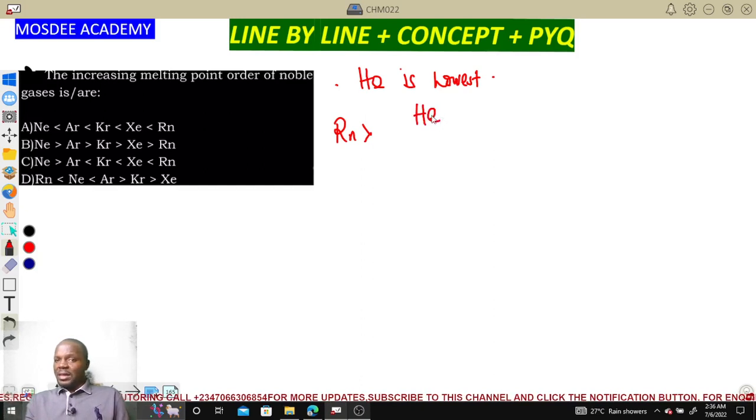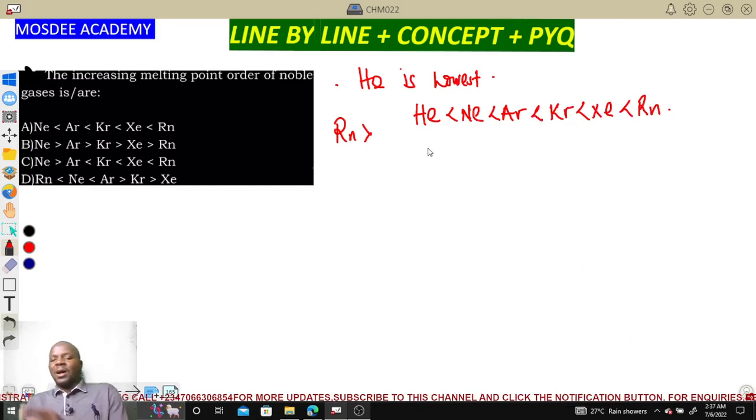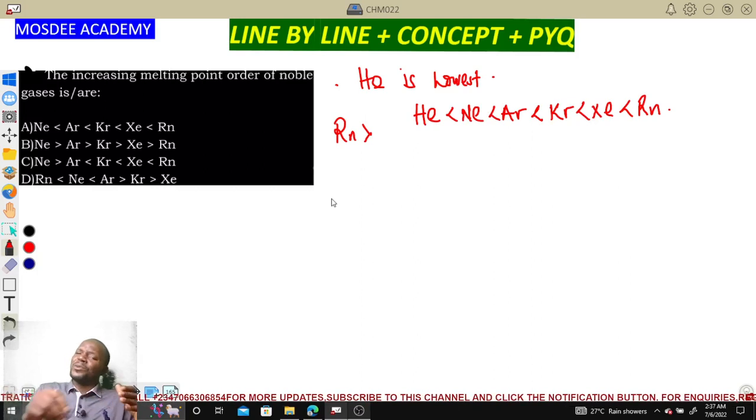Are you there with me? Helium lowest to highest. After helium, you have neon, then argon, then krypton, then xenon, then radon. So they said in the order of their lowest. So it should be helium, neon. The inequality is always a problem sometimes.